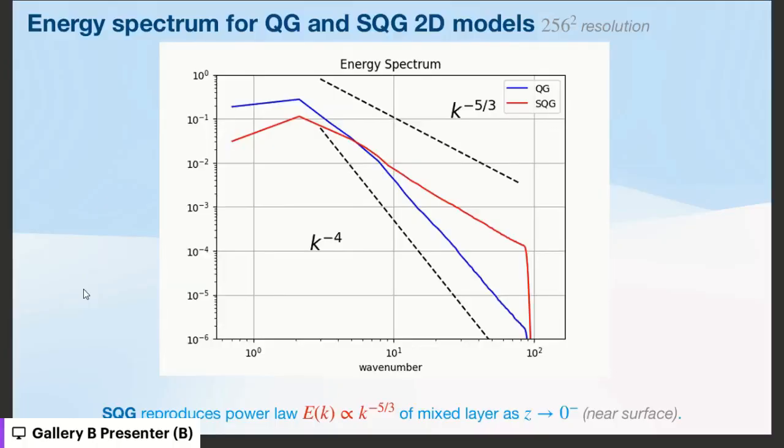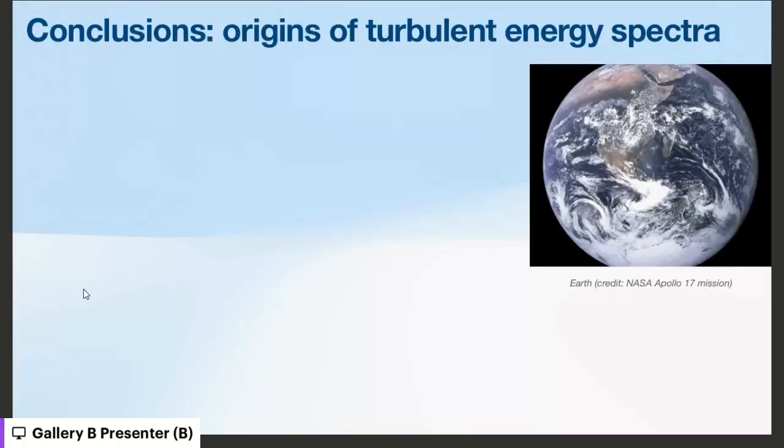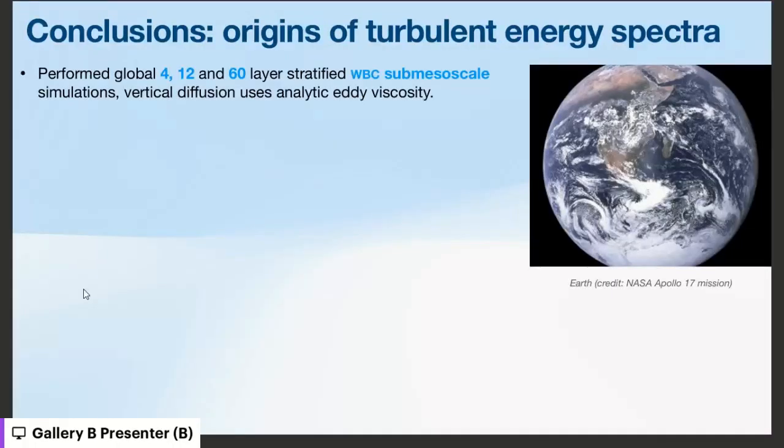So it seems we're seeing the signature of all 3 types of models here: SQG at the surface, a barotropic shallow water sort of model at mid depths, and even some quasi-geostrophic at depth.